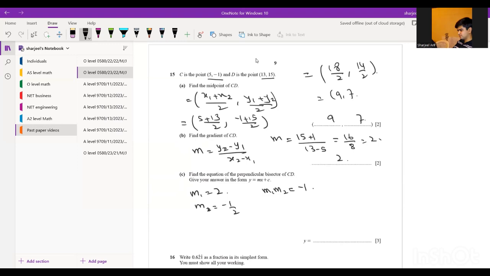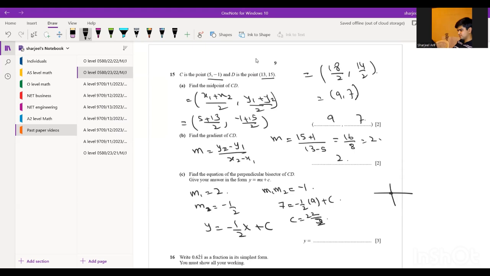because the product of the gradients of two perpendicular lines is equal to minus 1. So for the equation we will use the gradient of the normal, that is the gradient of the perpendicular line, y equals minus 1 by 2 x plus c. And we will use the value of the midpoint to find the value of c, because the perpendicular bisector intersects at the midpoint. So (9, 7). We will use y equal to 7 and x equal to 9, which will give us c equals 23 by 2.